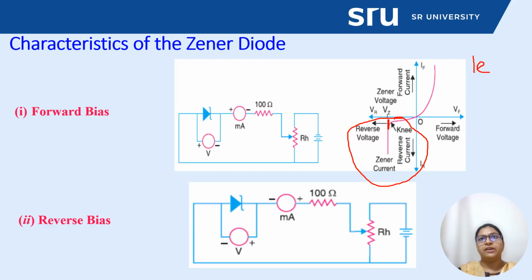Usually, as we said, this Zener voltage is typically from 2 volts to a few volts, and it can go beyond 200, even sometimes 400 volts.